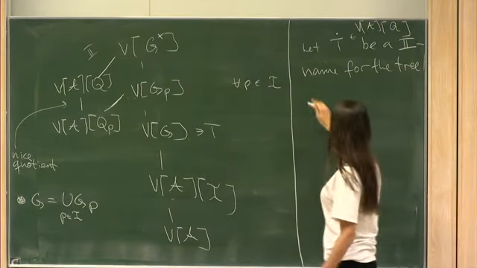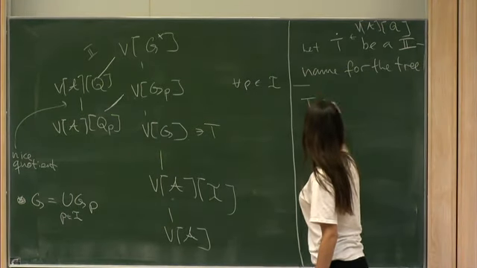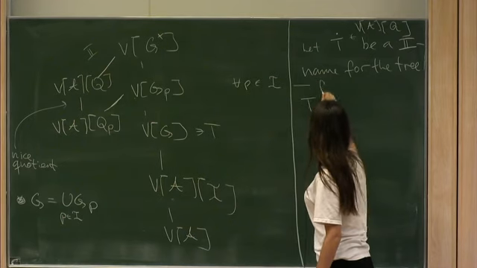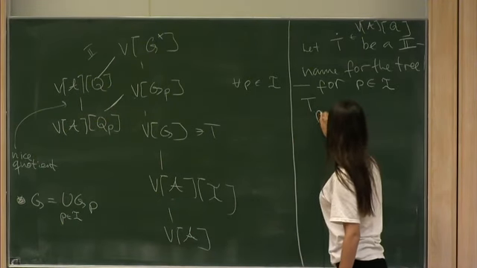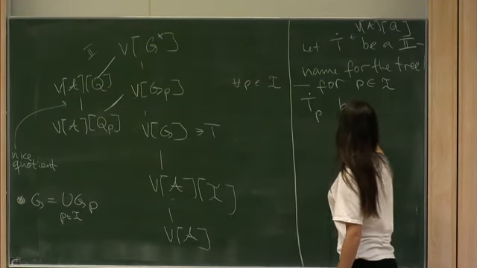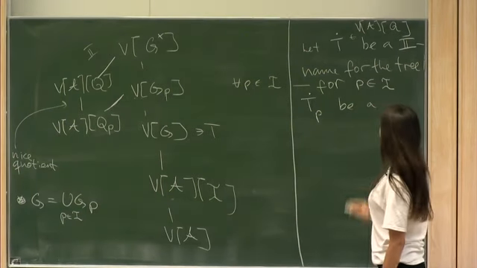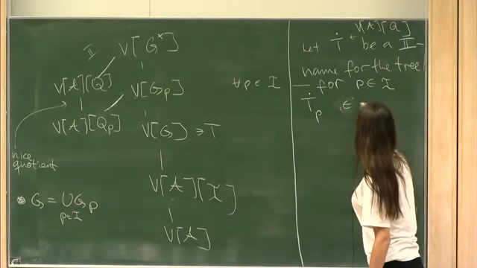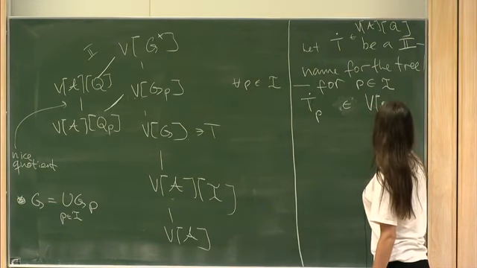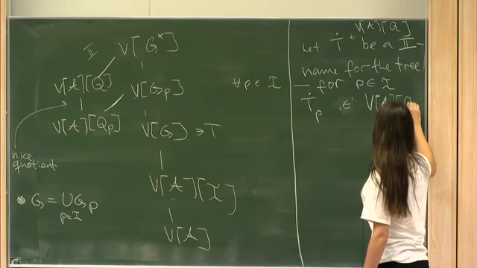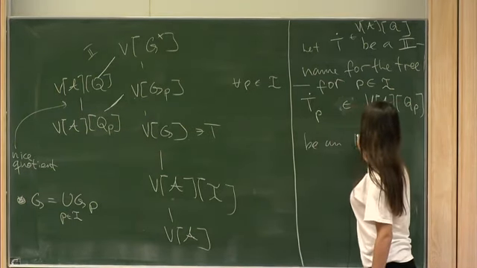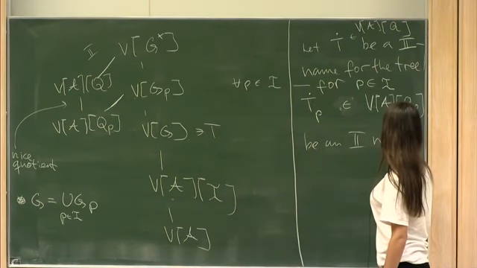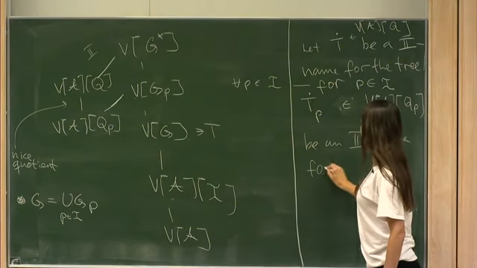But by taking the right names, one can also do, so for any P in I, let T dot P be a name in, let me write where it is, in V A QP, again an I name for the tree.